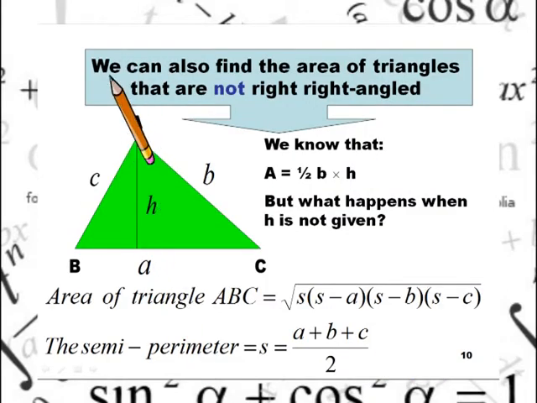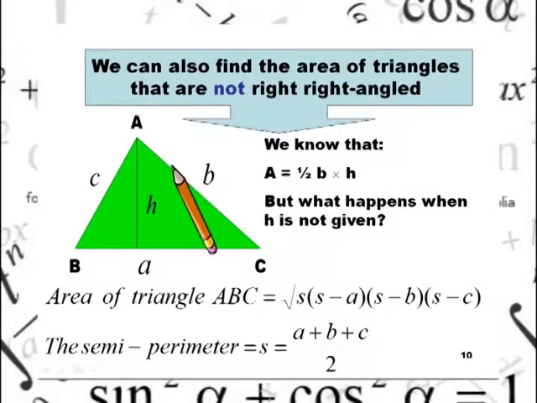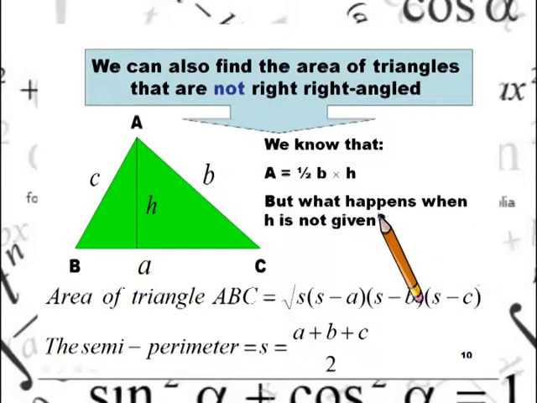We can also find the area of triangles that are not right angled. We know that A equals half base by height. But what happens when H is not given?